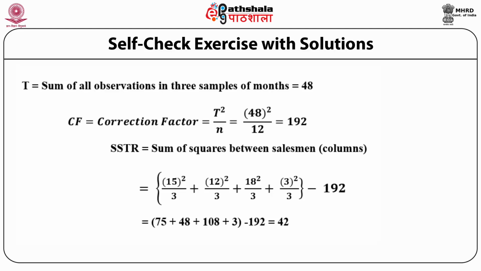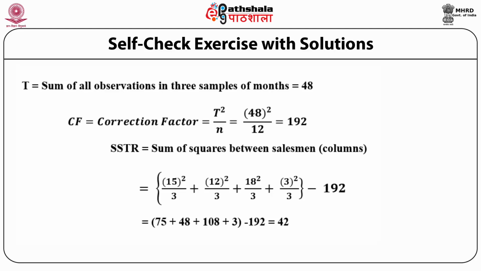The formula for the correction factor is T, the sum of all observations in the sample, squared, that is T square upon N. Here T is 48, so 48 square upon 12. How is 12 calculated? That is 4 salesmen and 3 months, so N becomes 12. So it comes out to be 192.